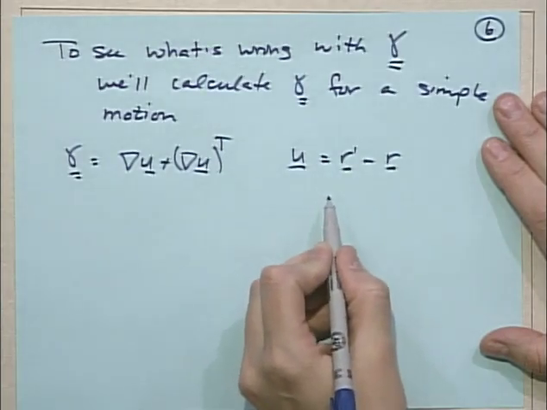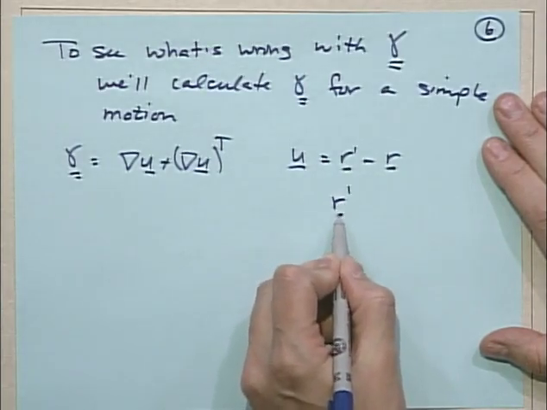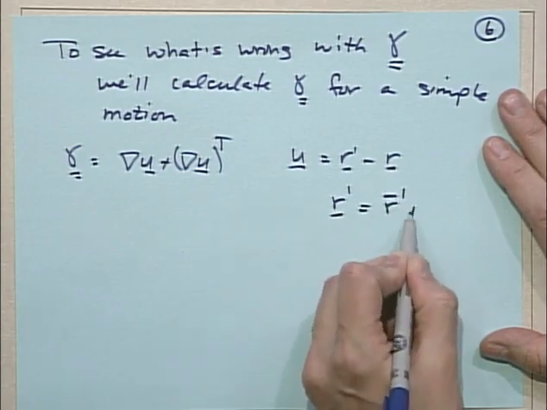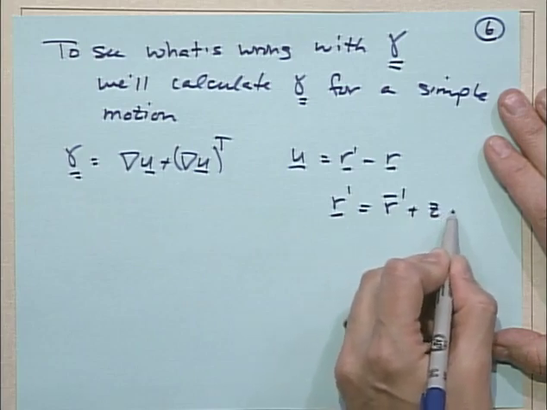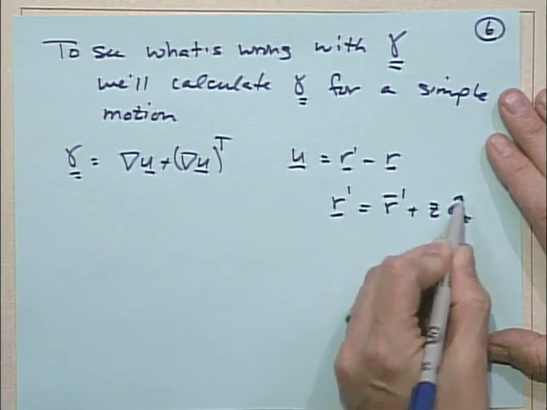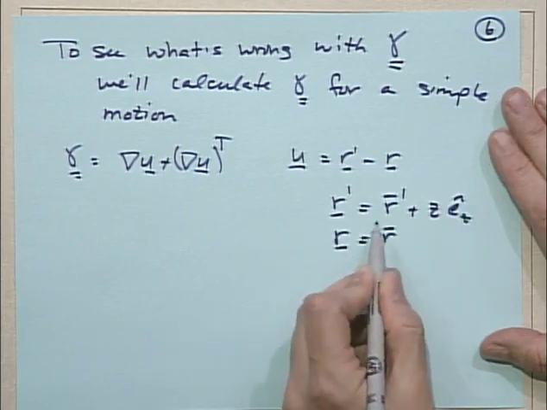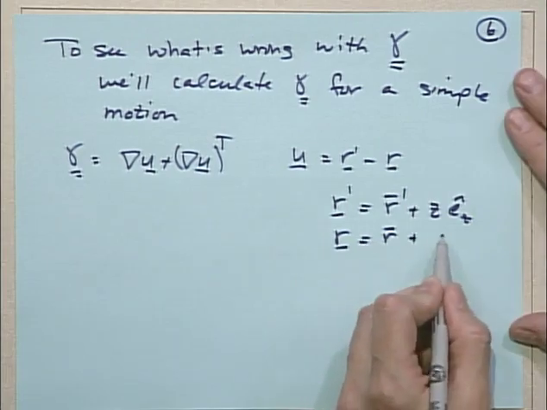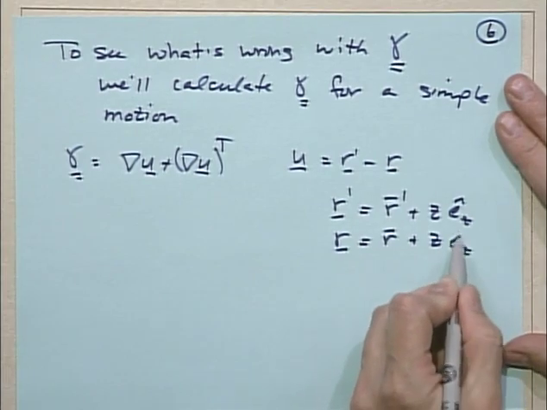So r prime, the vector I'm looking for, is really equal to this r in the plane plus whatever the coefficient is in the z direction times ez. And r is equal to this r in a plane plus whatever the z coefficient is times ez.